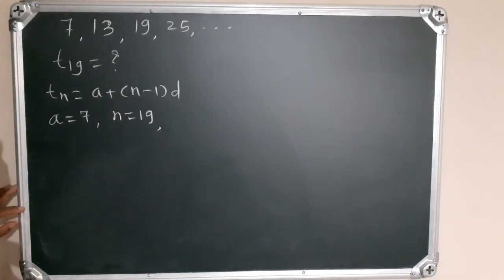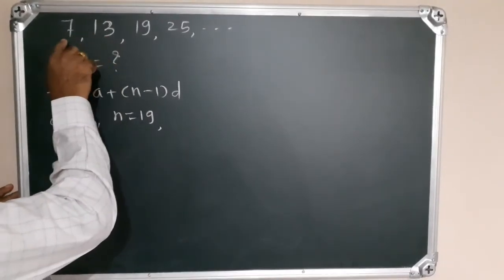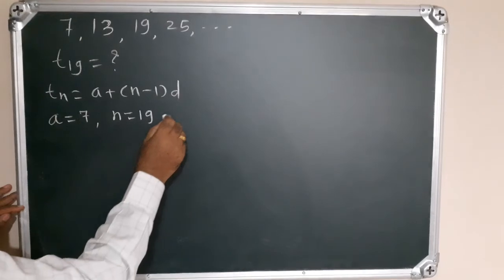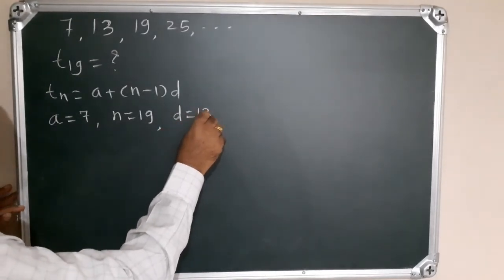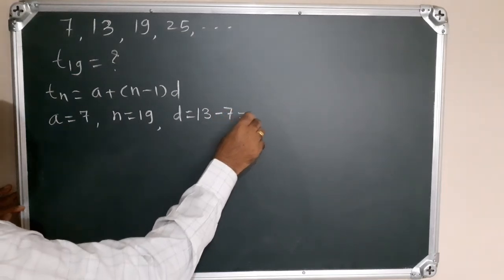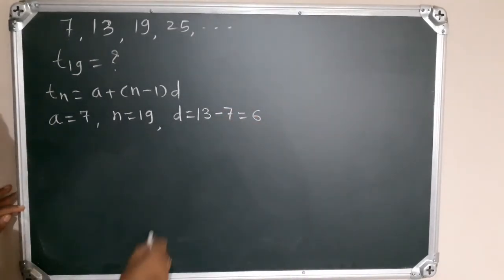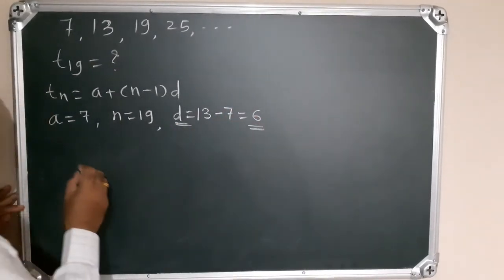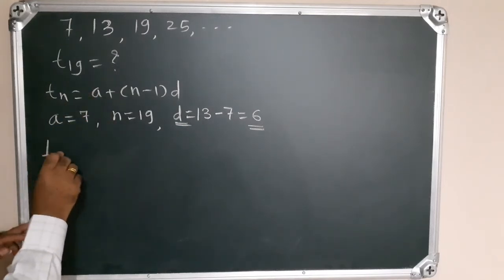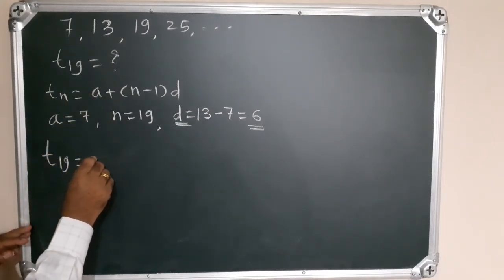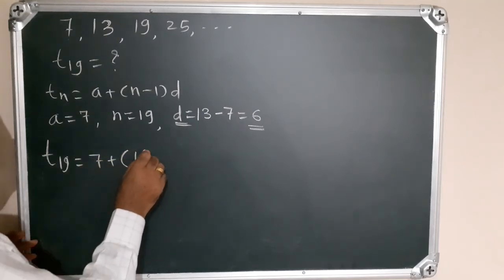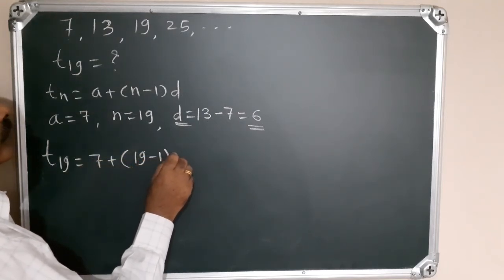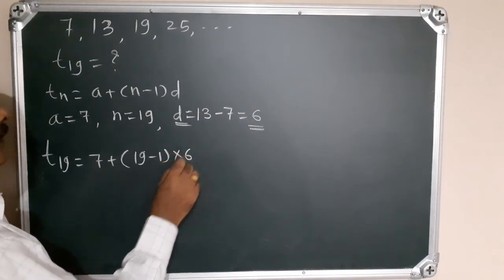So 13 minus 7, that is 6. So D is equal to T2 minus T1, that is 13 minus 7 is equal to 6. So D is 6. So in this, T19 is equal to A, that is 7, plus bracket 19 minus 1 into D, that is 6.